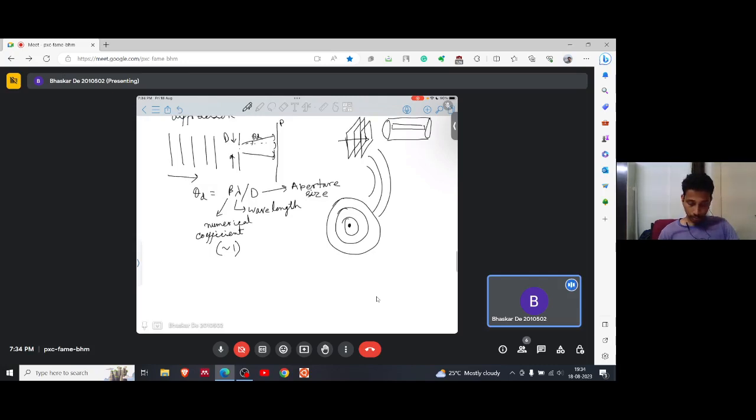So this numerical coefficient has an order of unity.